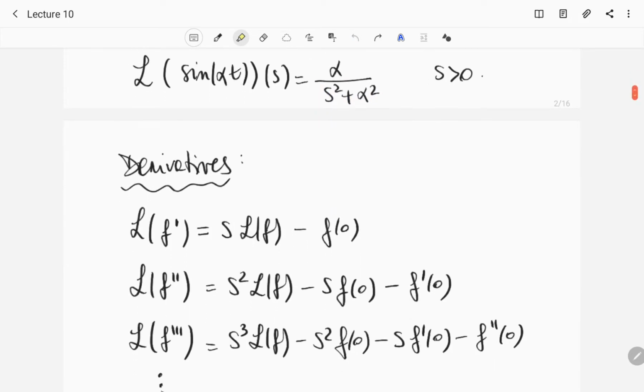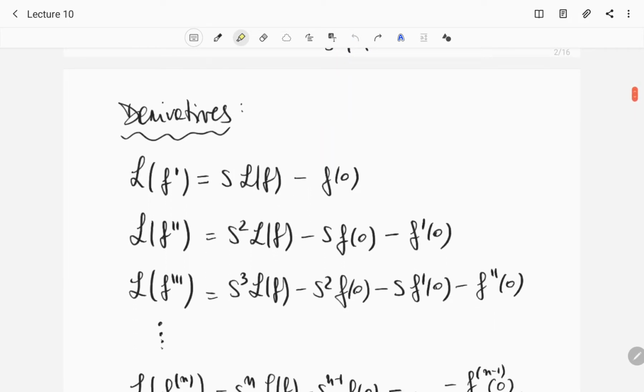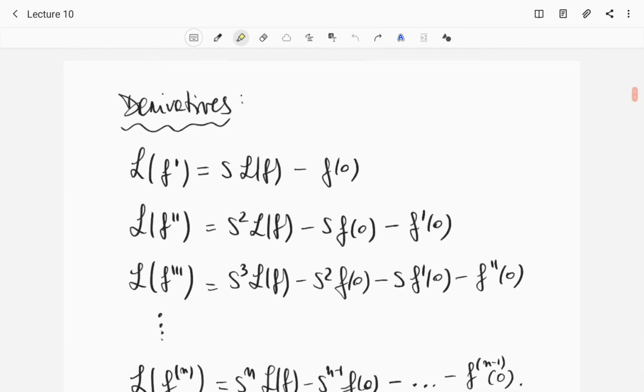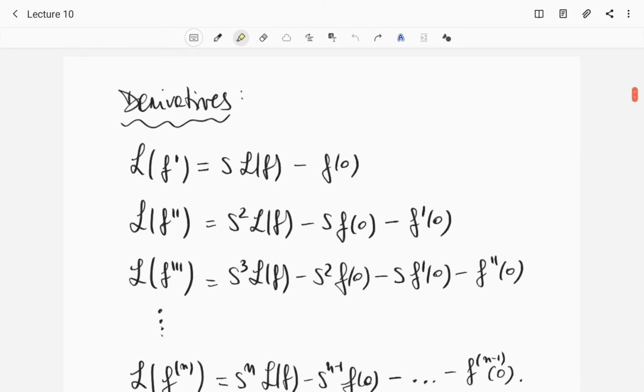Last property, but not the least, it's important how the Laplace transform acts with derivatives of the function. So for the first derivative, we get s times the Laplace transform minus f at 0.